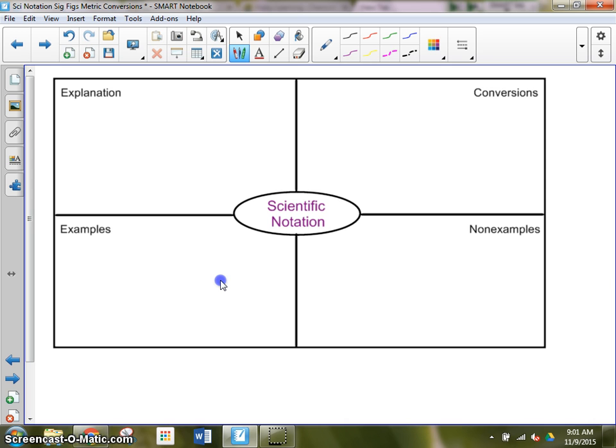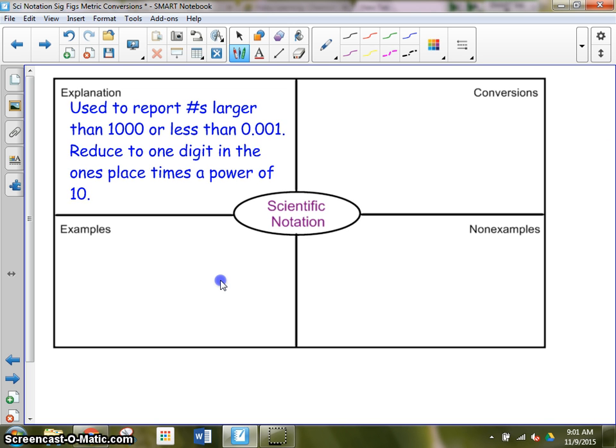Now, in the space on your note sheet, I would like you to draw out this grid. We're going to talk about an explanation of scientific notation. We have some sample conversions. We'll go through some examples and some non-examples. So the whole point of scientific notation is to report numbers larger than 1,000 or less than 0.001.